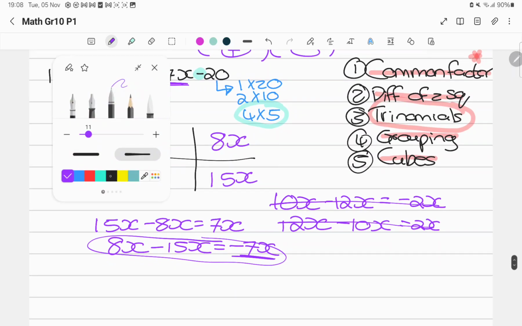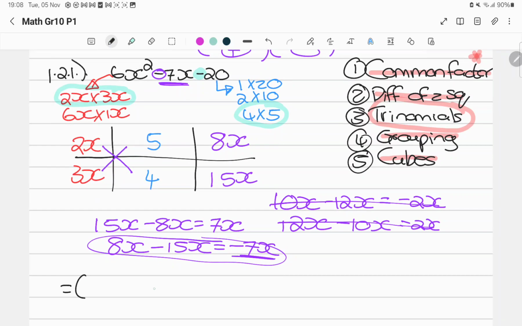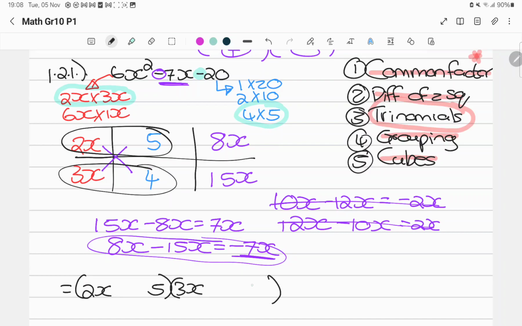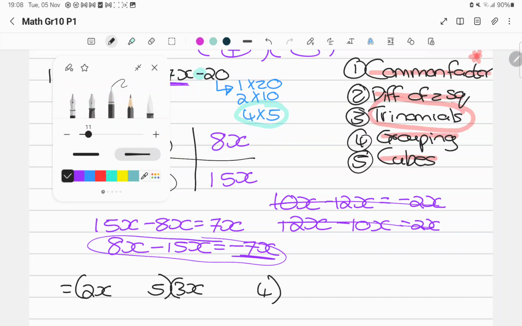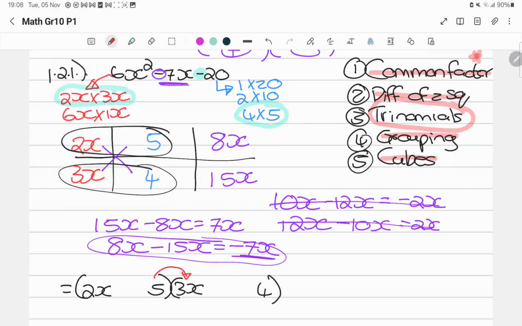So now I just need to go and fill this into a bracket. So I make my two brackets, and I know in the first bracket I'm going to have 2x and 5, and in my second bracket I'm going to have 3x and 4. Now I must just decide which one is going to get the plus and which one is going to get the minus. Easiest way to do it is take these two terms that touch each other.